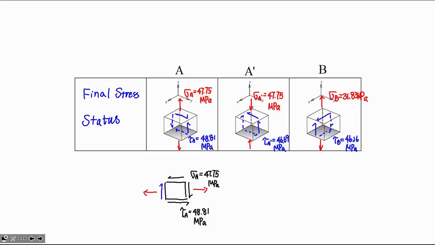For point A prime, I still take a look from the negative X direction. For B, what you need to do is take a look from the negative Y direction.